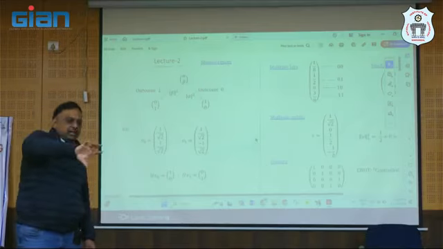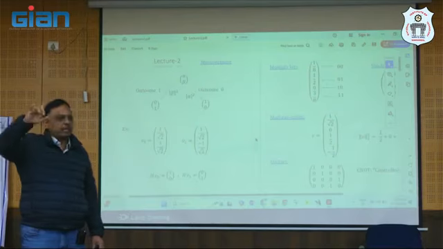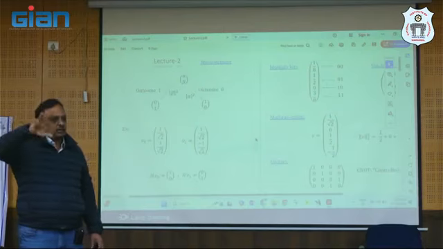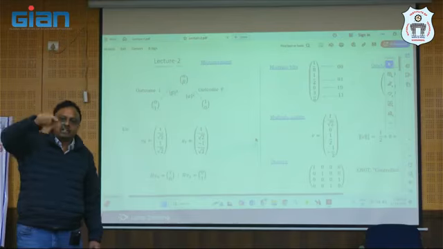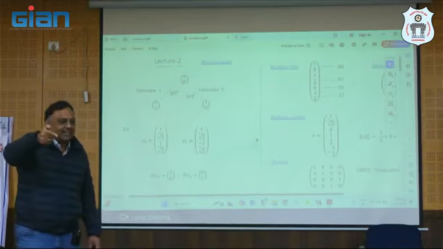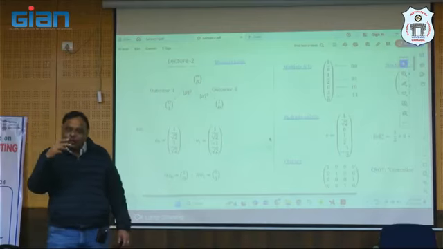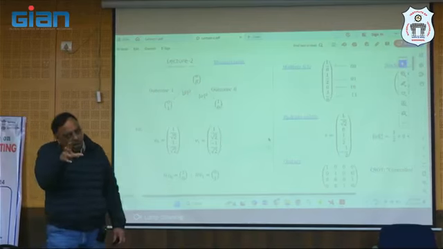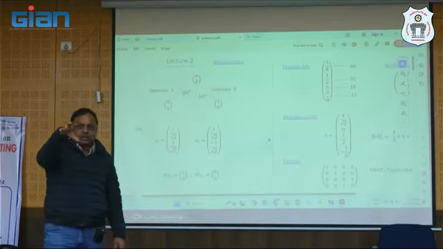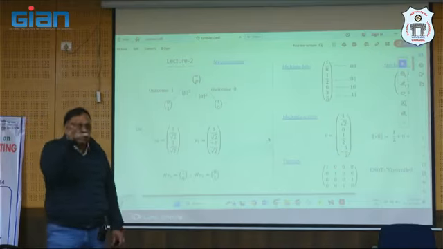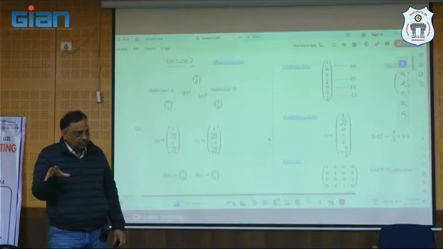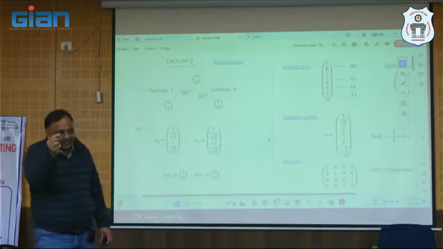It then reached either orbit 1 or orbit 2. Let's call orbit 1 as 0, orbit 2 as 1. But once it reached there, I still have to look at it. Very good, but I still didn't look at it, no?